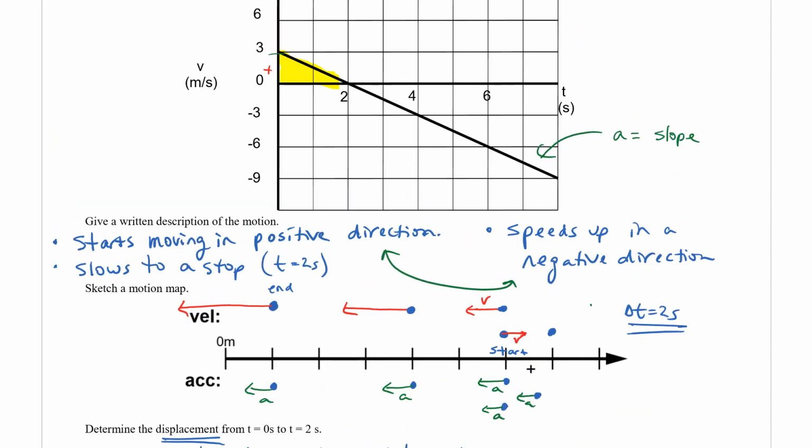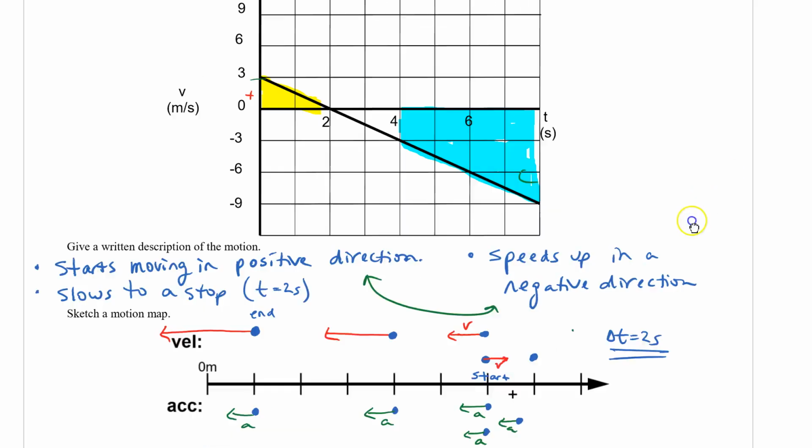Okay, determine the displacement from 4 to 8 seconds. From 4 to 8 seconds, okay, so that would be this area here. That's a tough shape to do, isn't it? Maybe I'll do my work over here. To do that shape, there are two methods.